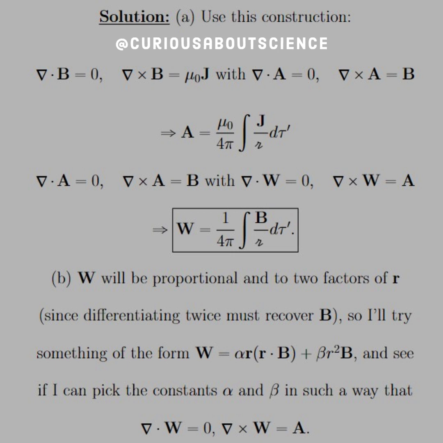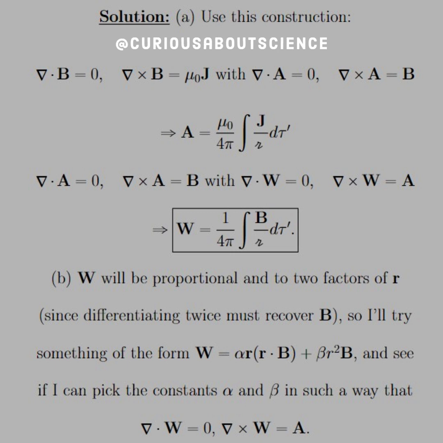And similarly, if we shifted things down and replace B with A and so forth, and A with W, we get that W equals 1 over 4 pi integral B over script R d tau. All right, that's kind of messy, but I can understand the analogy here.